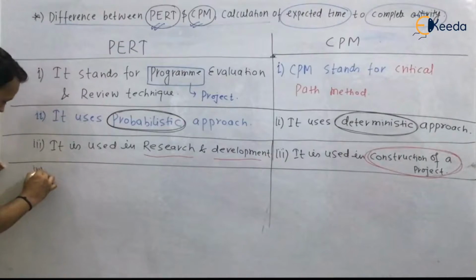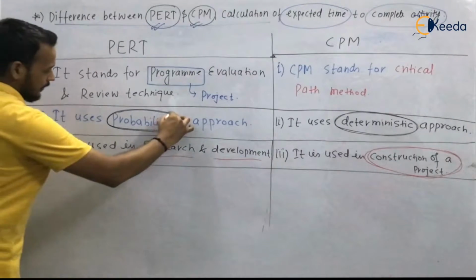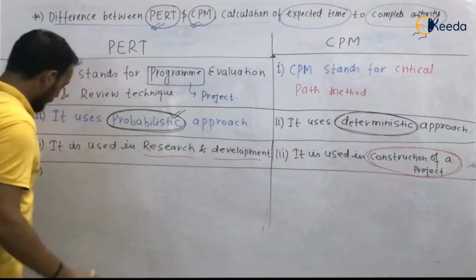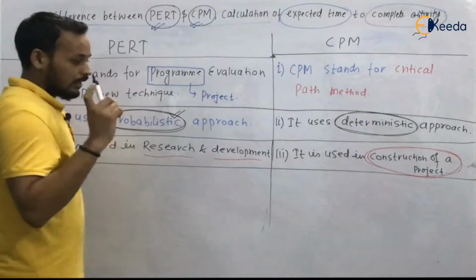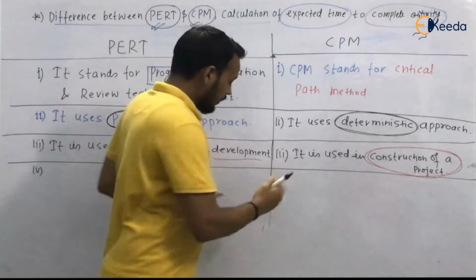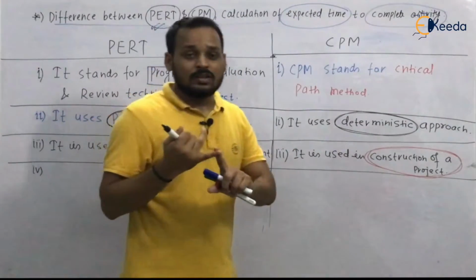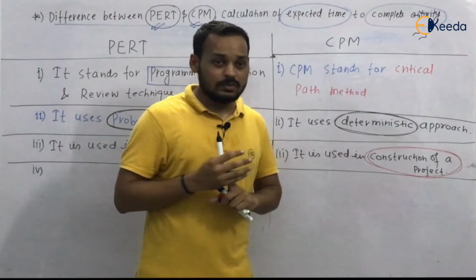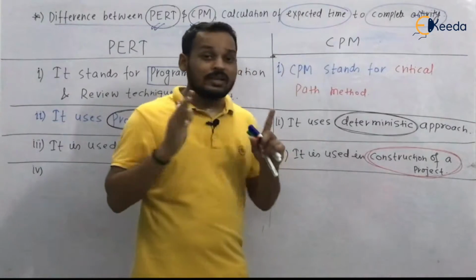The next difference is since PERT is based on a probabilistic approach or probability, it means there is not a single time estimate. Like in the example of PhD, there was 3.5 years, there were 5 years, and there was 6 years. It means that it is not based on a single time estimate.